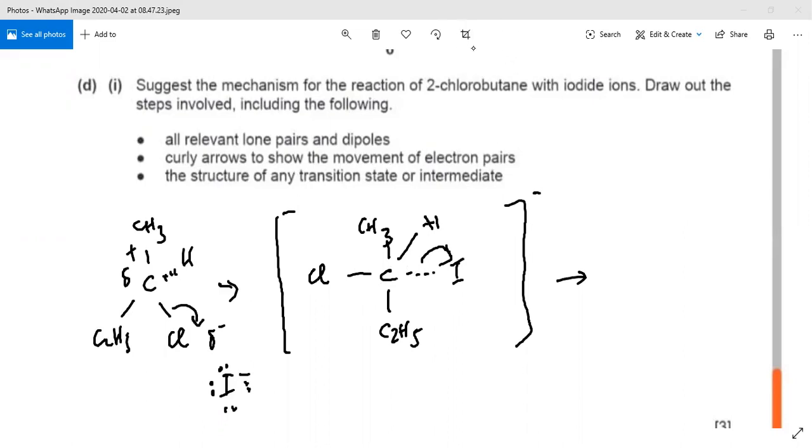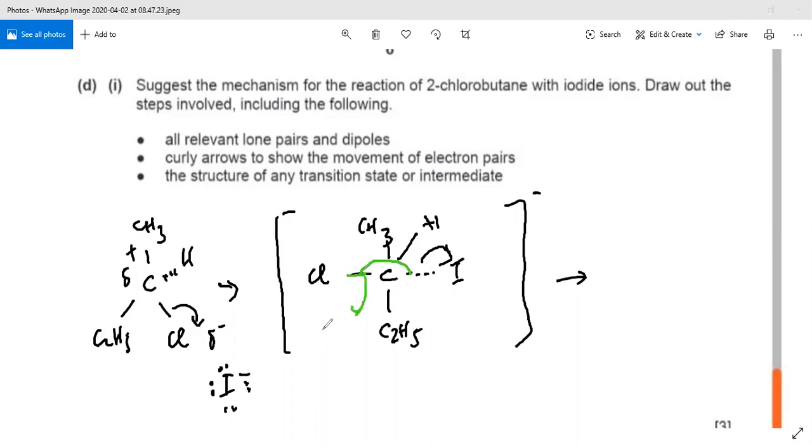Please note, in this case, when you draw the structure, this one is supposed to be 180 degrees. So when you draw this, try to put a horizontal line like this and then a vertical line.